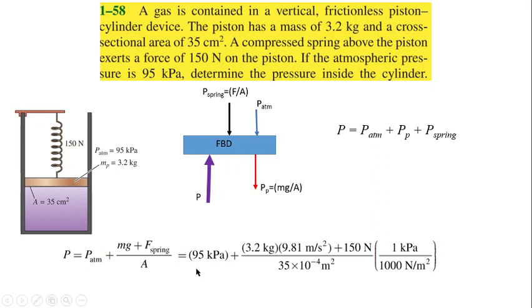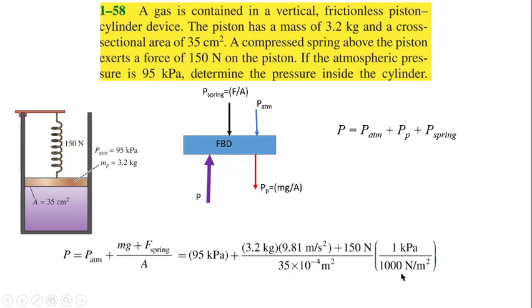So this is in kPa for the atmospheric. This is the area of the piston converted to meter squared. There you have your factor of 10 to the minus 4. This is your mass, your G, your force, and everything right here you are getting in Pascal.